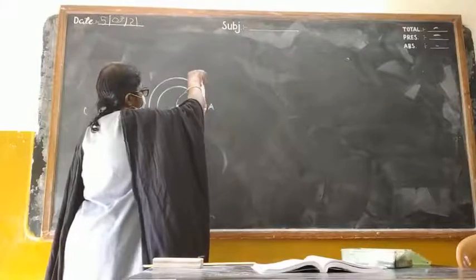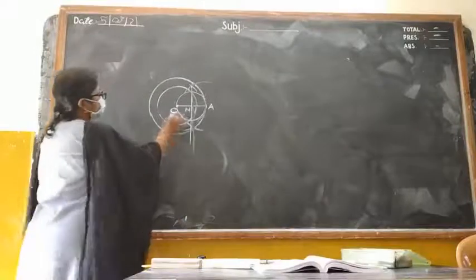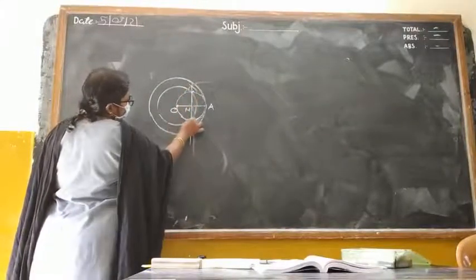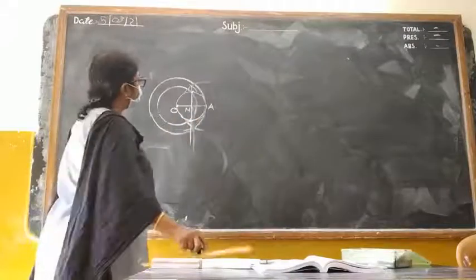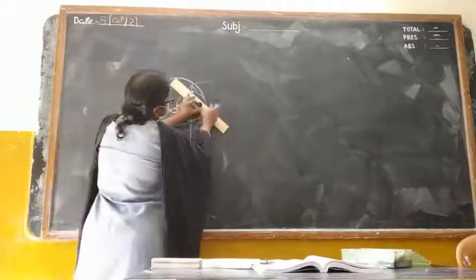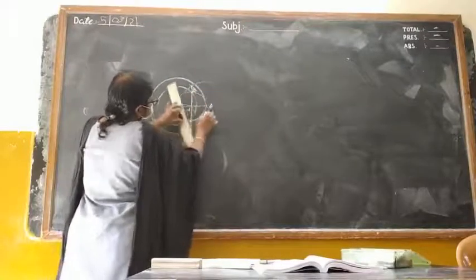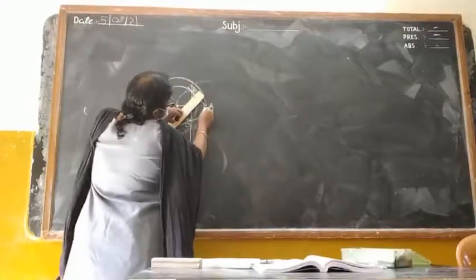As it is small, difficult to draw there. So that circle will touch the smaller circle at 2 points, here and here. So you can join that A to that point. So let us mark that one B and C, AB and AC.